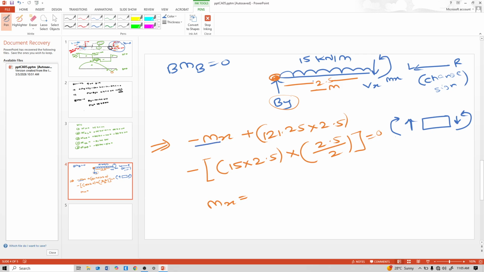This 15.25 into 2.5, this is plus, because now it is clockwise. This BY reaction is 0 because it goes through this point, because the perpendicular distance is 0 there. So this Mx is, and this Vx, solve it again.